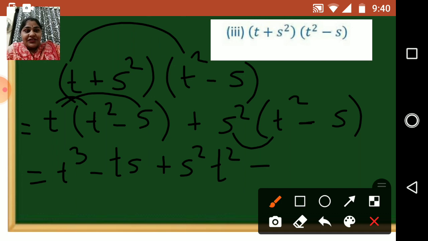So minus s square multiplied by negative s is nothing but s cube. So the answer is t cube minus ts plus s square t square minus s cube.